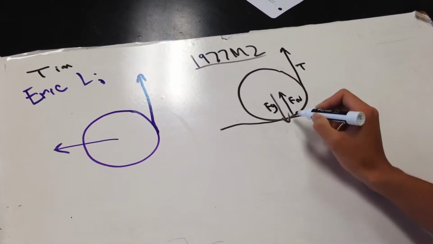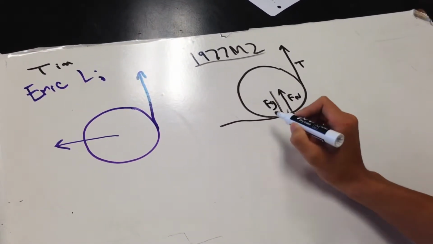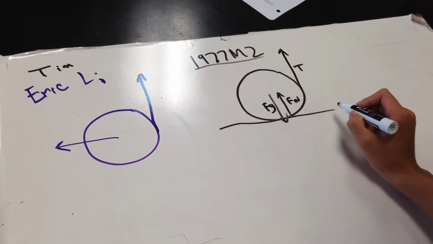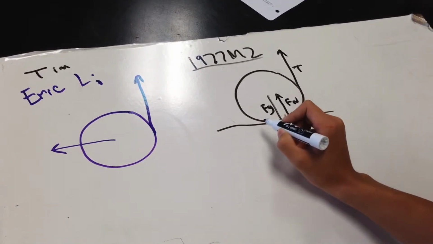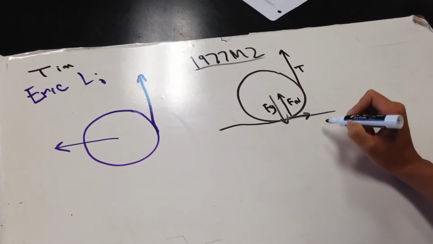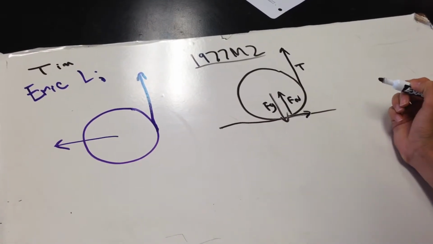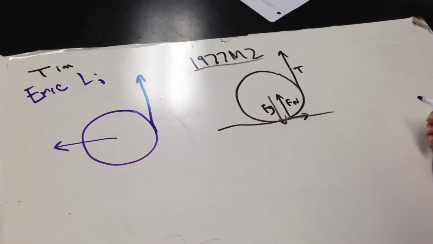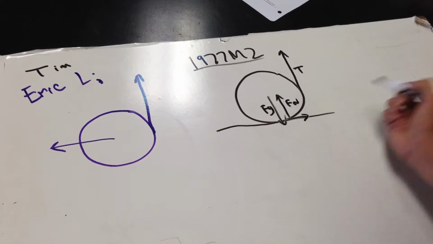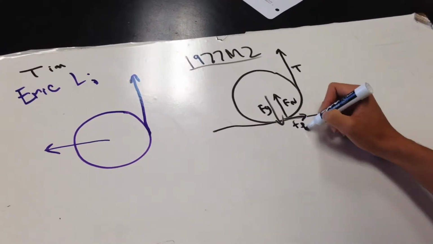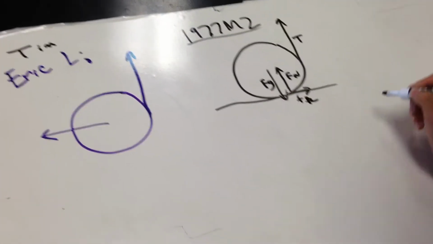And there's also a frictional force opposing the direction of motion. So we'll just arbitrarily put it here because the force can either be positive or negative based on the summation equations. So it doesn't really matter where we place the force of friction.